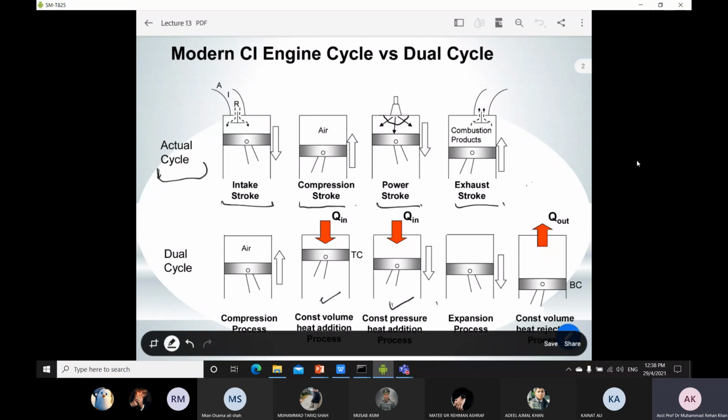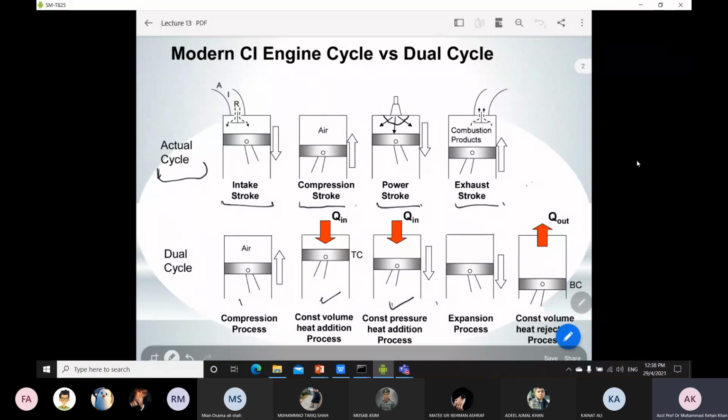Because if there is an incomplete combustion of fuel, then it may cause excessive vibration in your engine. So when we implement these two types of heat addition process, we can reduce those vibrations, and definitely the efficiency will also increase, because if we are burning the fuel completely and getting more energy out of it, it will result in a more efficient cycle as well.